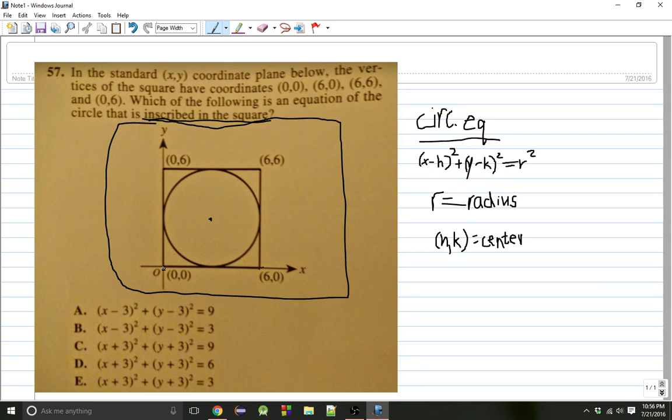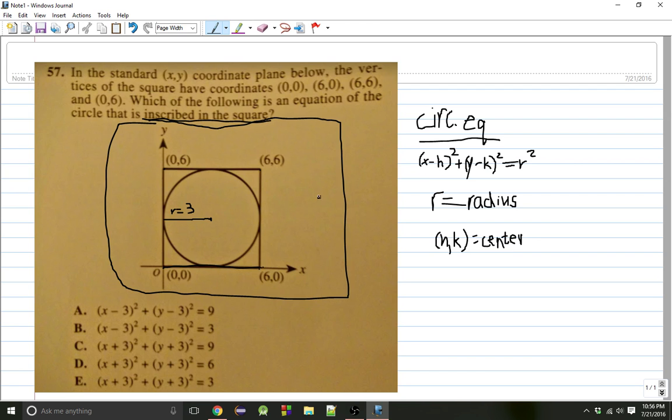So how long is this side of the square? 6 inches. So radius r equals half that, or 3. R equals 3.